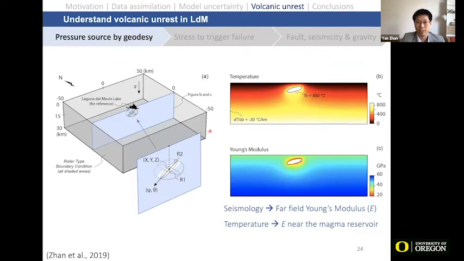And we also consider the temperature effect in this volcano. You can see here is the Young's modulus profile. In the far field, it's determined by the seismology, and when it's close to the magma reservoir, it's also affected by the temperature. A higher temperature gives a lower Young's modulus since it's weaker.